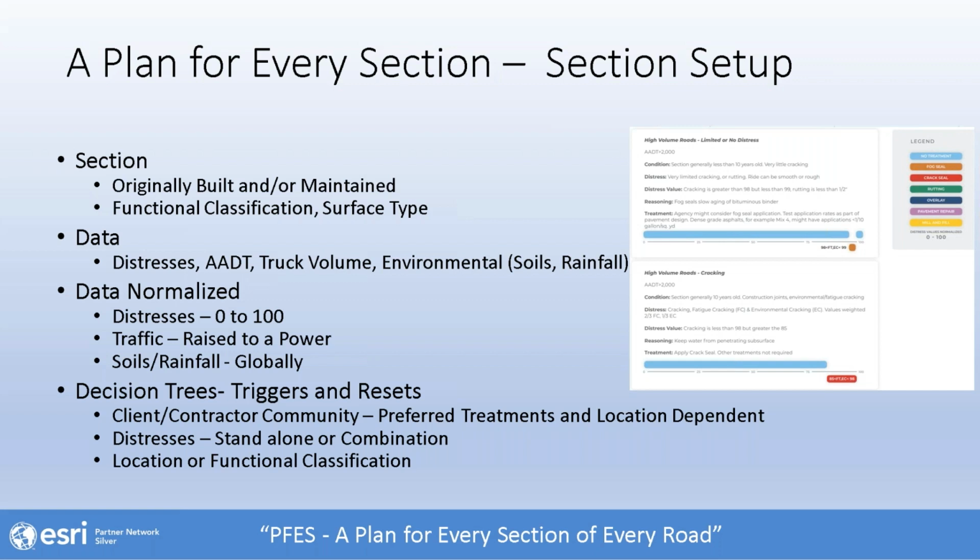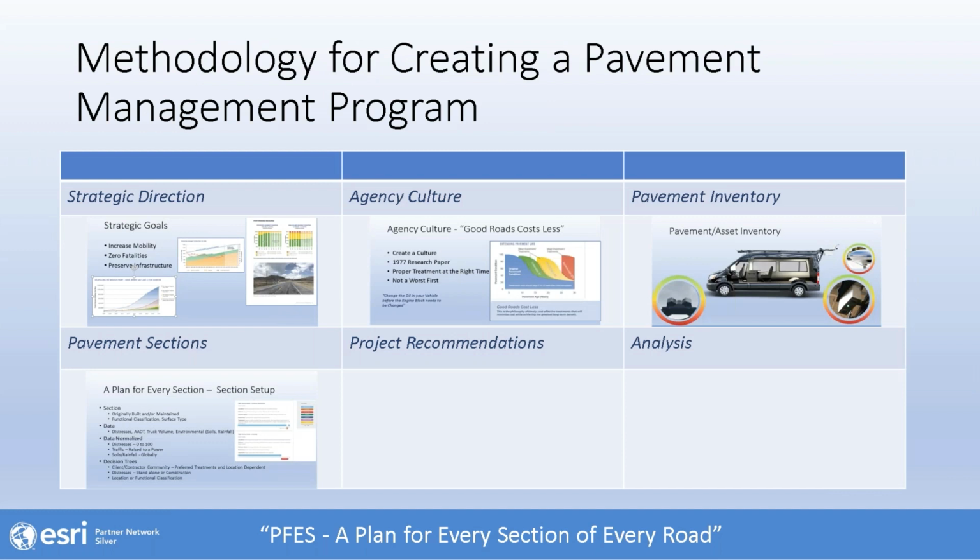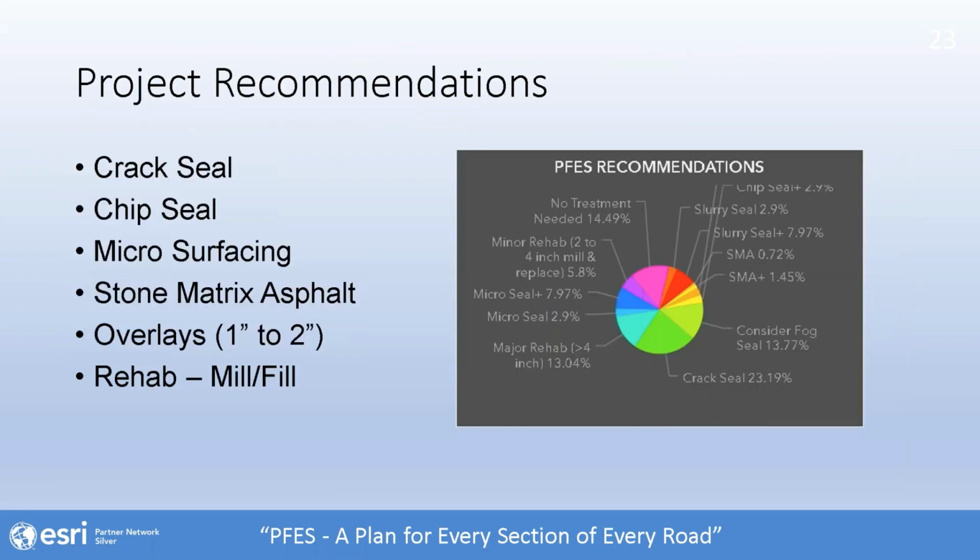So the cost we can determine from the proposed treatment and the square yards we're going to do. The benefit is a quantifiable benefit from the treatment. To give you a little bit more background of what I mean by triggers and resets, I'm going to show you typical treatments that an agency will do.